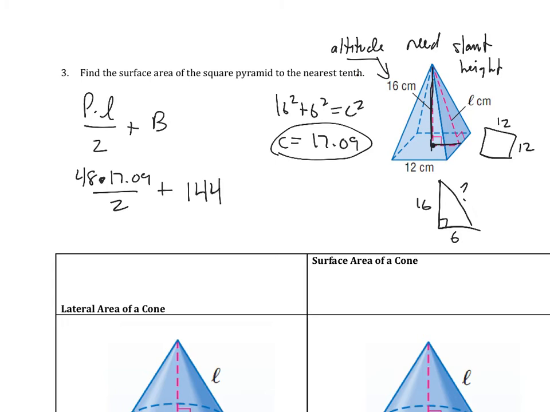So now I'm going to multiply 48 times 17.09 and divide it by 2. I'm going to get 410.11 plus 144 is going to be 554.1. Nearest tenth means 1 decimal point. So it's going to be centimeters squared. All right, so perimeter of the base times the slant height, but we had to figure out what that was, and then we add the area of the base.